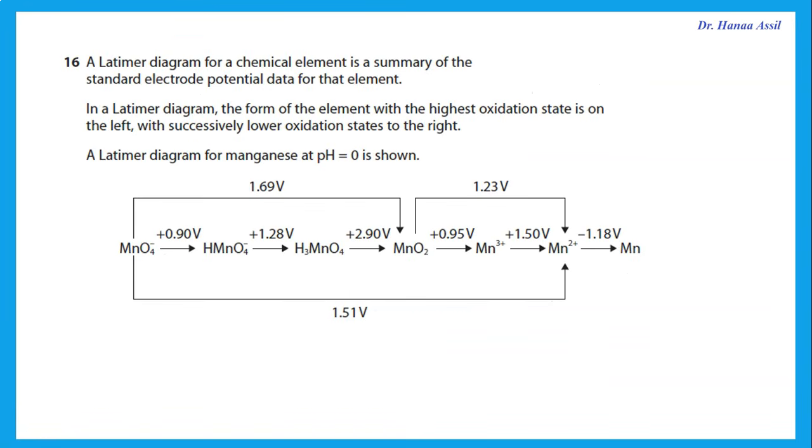Okay, then question 16 says a Latimer diagram for a chemical element is a summary of the standard electrode potential data for that element. In a Latimer diagram, the form of the element with the highest oxidation state is on the left, with successively lower oxidation states to the right.